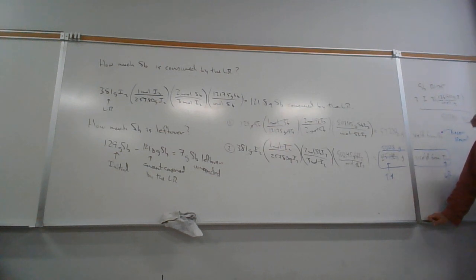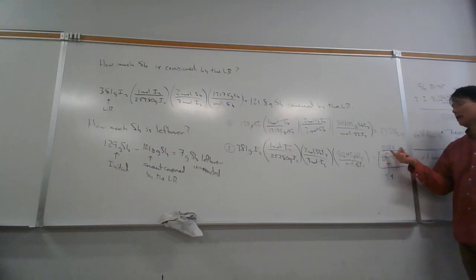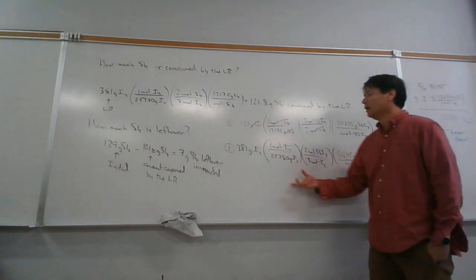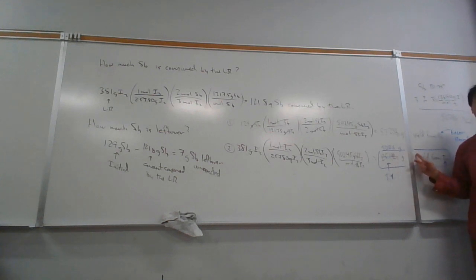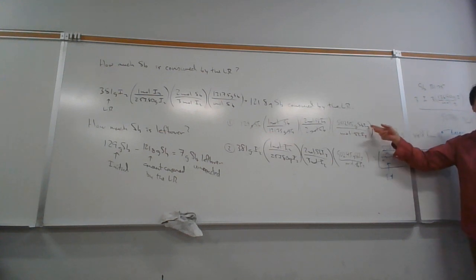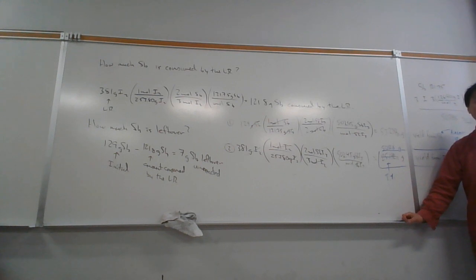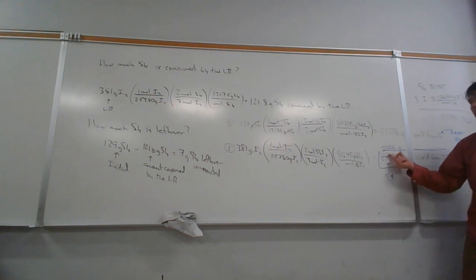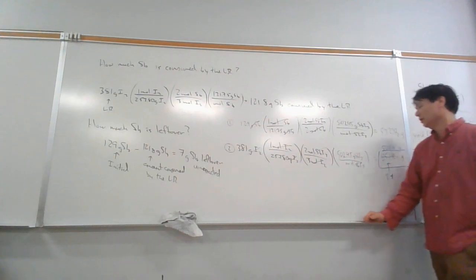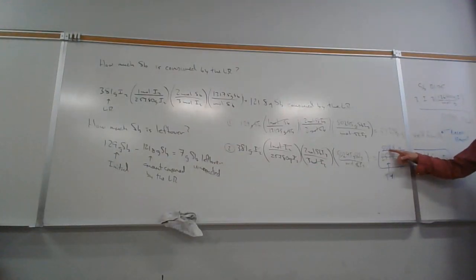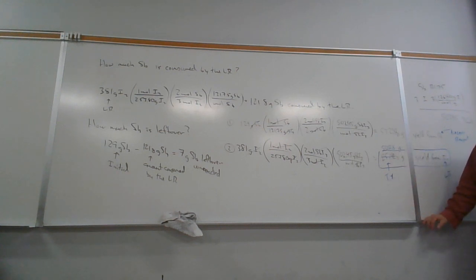You could do that. That's fine. The only reason I don't do that is because that leads to more round-off error. If you carried all the digits in your calculator, you'd get the same answer. But what most people do is round, and then they get a slightly different answer. Because the given is 381, and we assume that it's right on, but here we have to round. That's the only disadvantage. Essentially, it should work just the same.